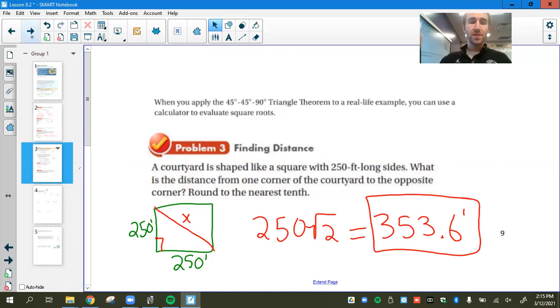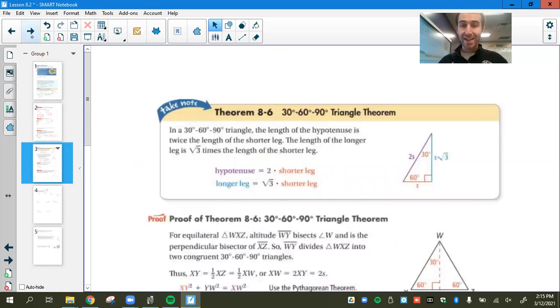All right. We also have a 30, 60, 90 triangle theorem. Now this one's a little bit trickier. Okay, it's not just times root 2. Now in a 30, 60, 90 degree triangle, there are 3 sides. There's the shortest side we'll call S, or we'll just try 4. Now the shortest side and the longest side, those are easy. The longest side, the hypotenuse, is just double the shortest side.